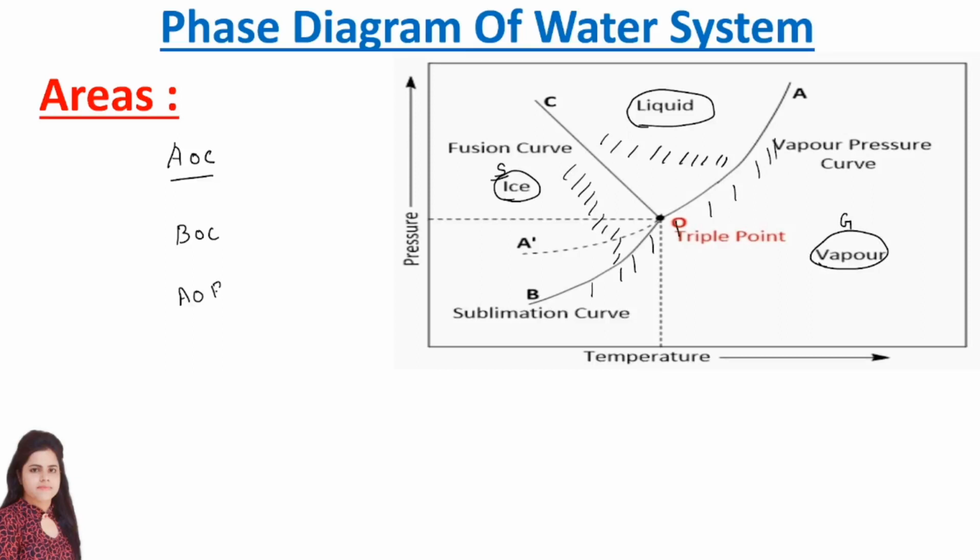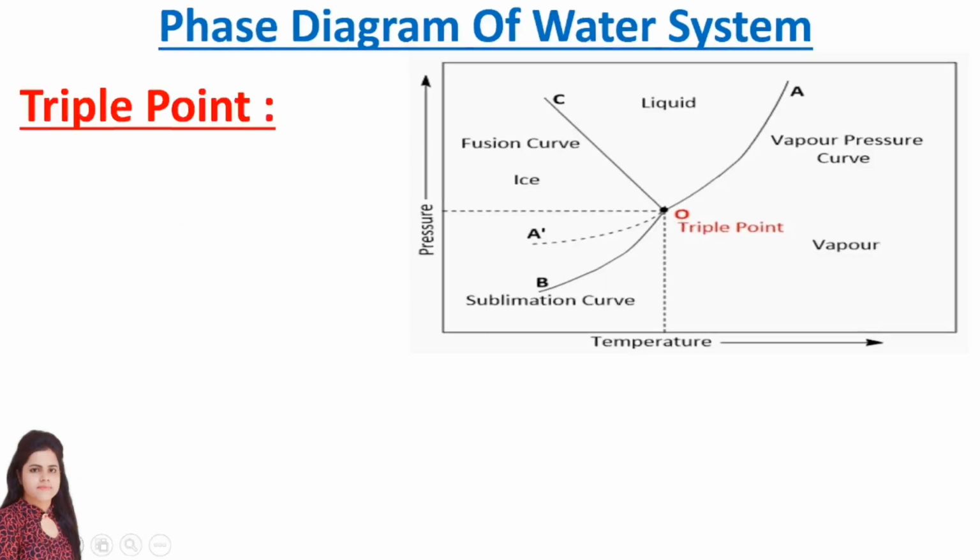So all the areas show one single phase: here liquid, here solid, and here gaseous. If you calculate the degree of freedom in the areas, the number of phases will be 1, so 1 minus 1 plus 2 equals 2. All the areas are bivariant, because there is only one phase, either solid, liquid, or vapor.